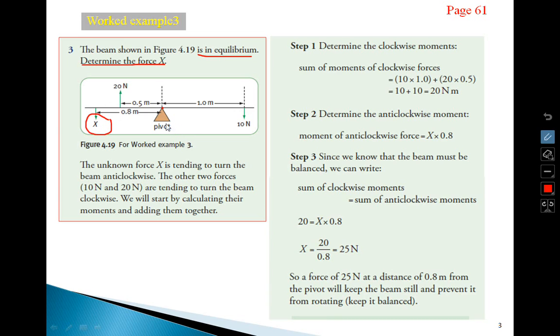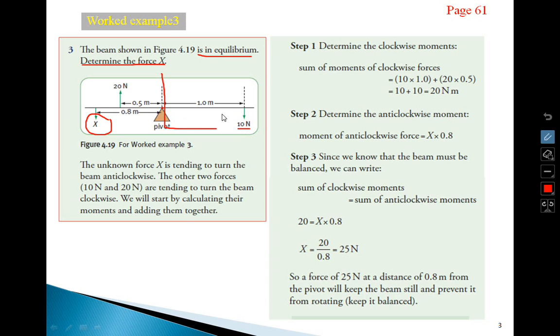So as we can see here, this is the pivot. We start with the right section, or this part. What we have here is a 10 Newton force tending to turn the beam clockwise, and this force is 1 meter from the pivot.